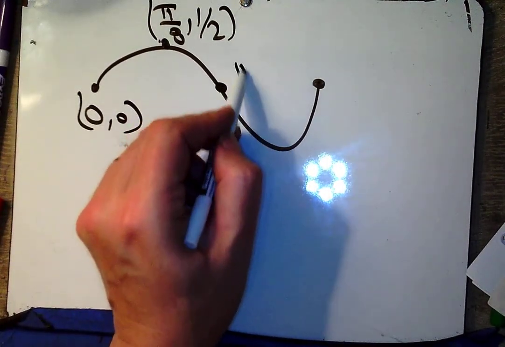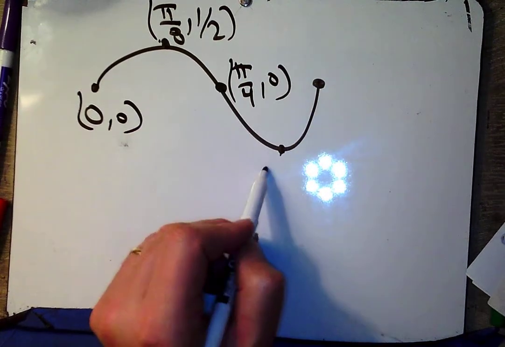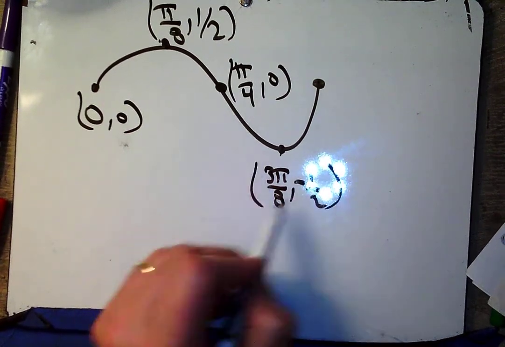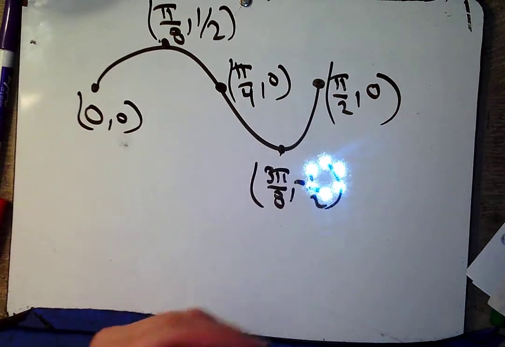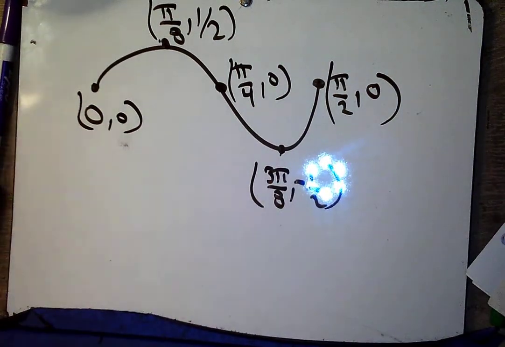Here we've got (pi over 4, 0). And (3 pi over 8, -1/2) and (pi over 2, 0). Okay, so come up with the equation, please.